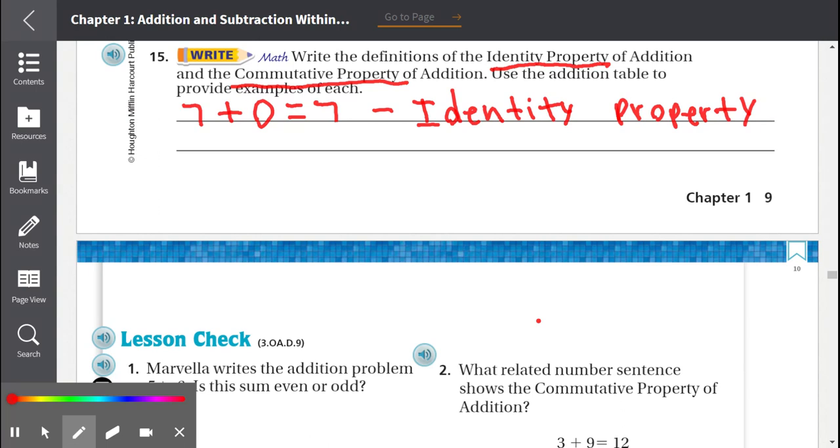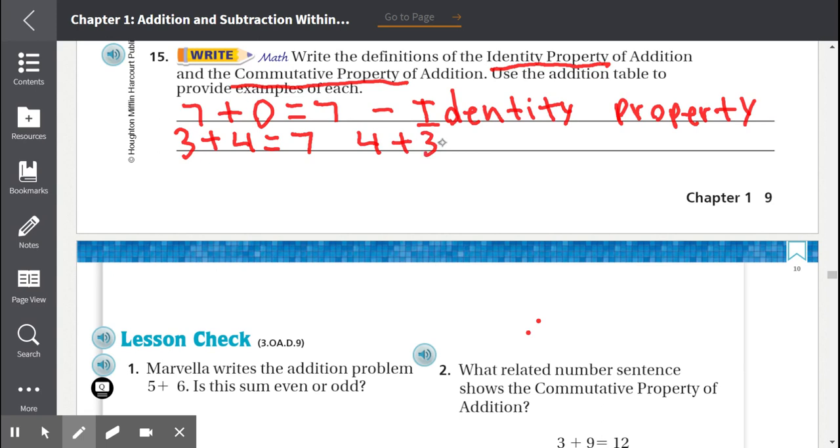So what that means is, here's an example. 3 plus 4 equals 7. And 4 plus 3 will also equal 7.